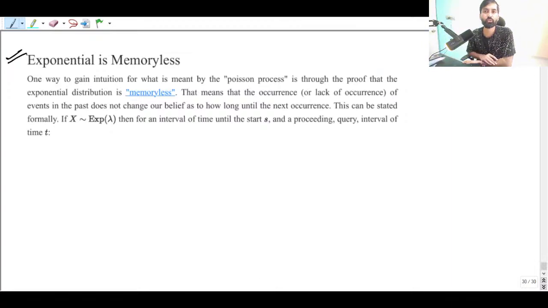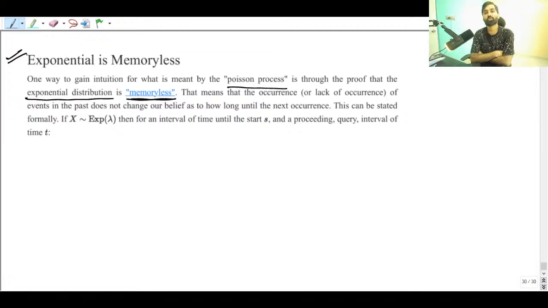Okay. One way to gain intuition for what is meant by a Poisson process is through the proof that the exponential distribution is memoryless. Okay, as I said, the exponential is understood via a Poisson process.